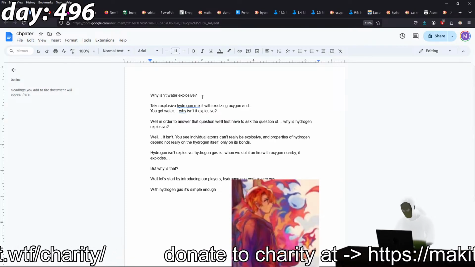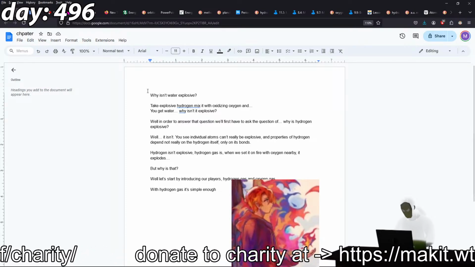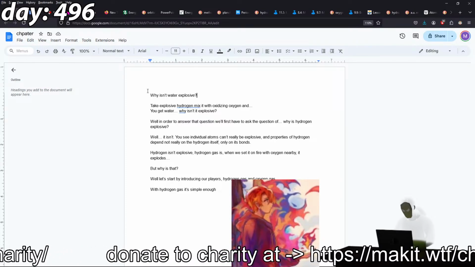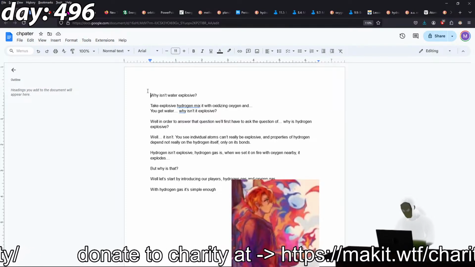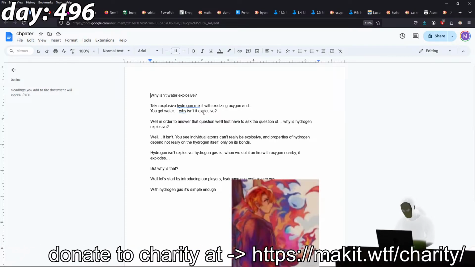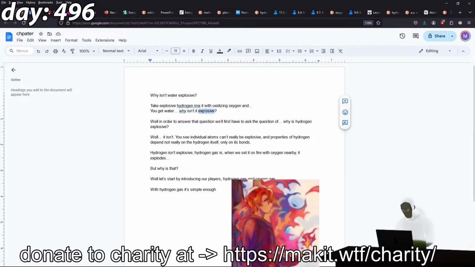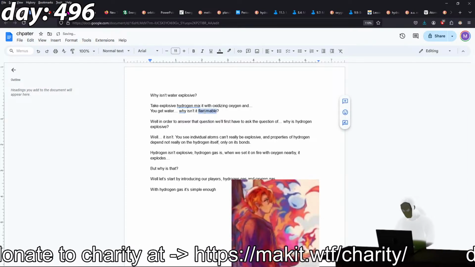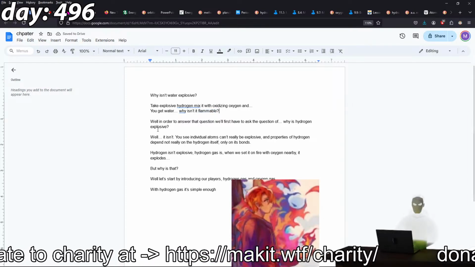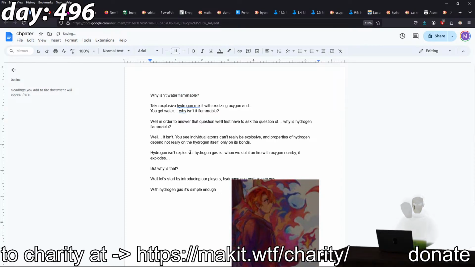That's why lots of nitrogen containing stuff is explosive, because it makes nitrogen gas and that's high volume. But when you burn hydrogen, it just makes water, which takes up the same volume.